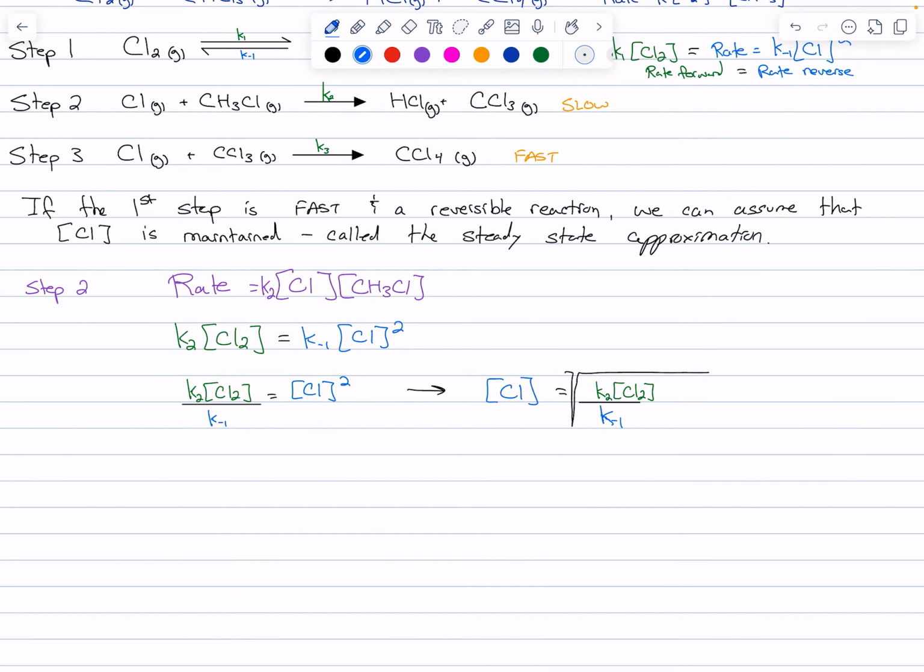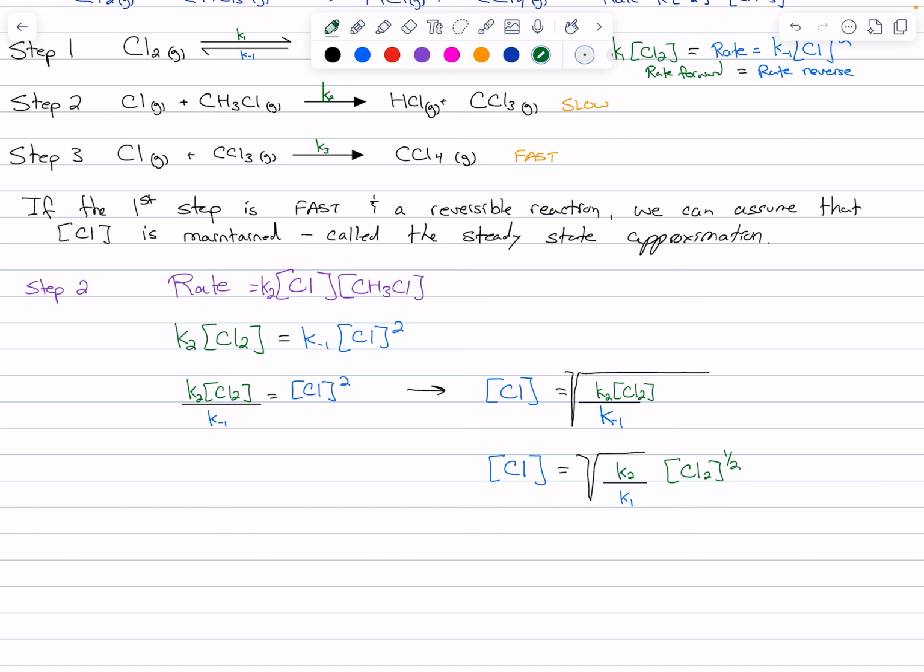I'm going to rewrite that as the concentration of Cl equals the square root of K1 over K negative 1, times the concentration of Cl2 to the 1/2 power.